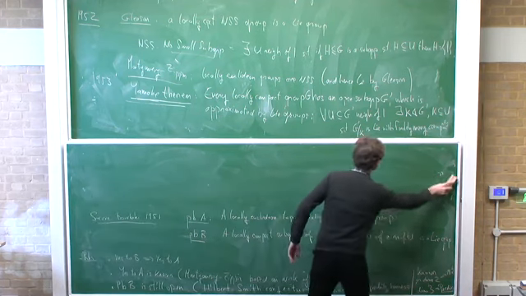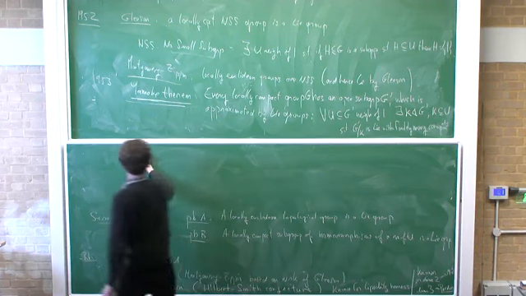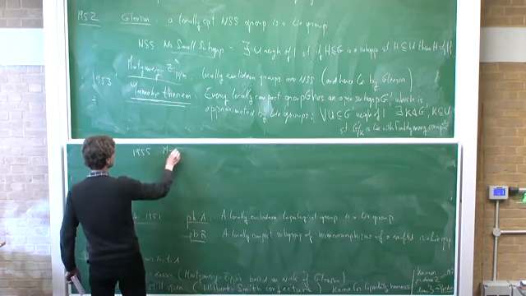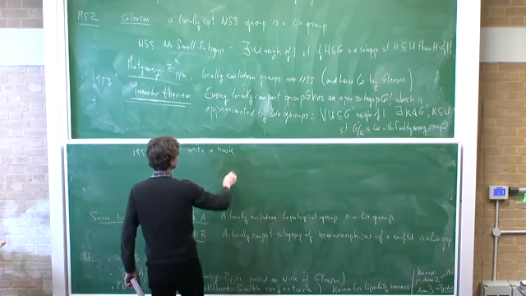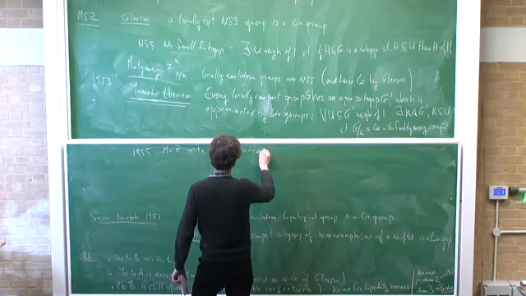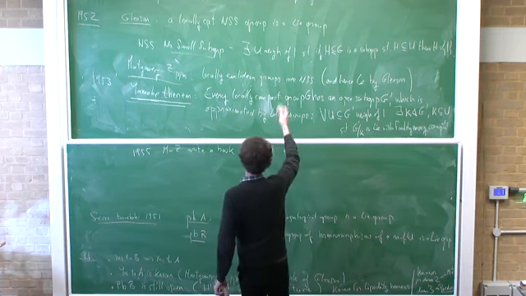So this is 1953, and then in 1955, Montgomery and Zippin write a book, an account on the above.